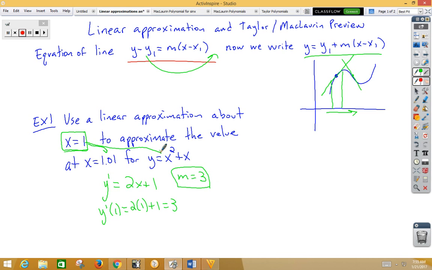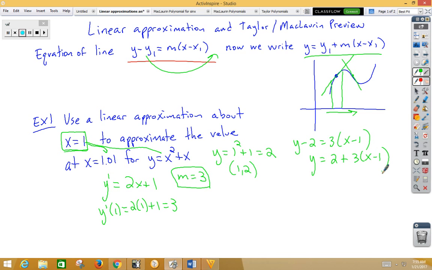If we plug in our 1, we get y is 1 squared plus 1, or y is 2. So we've got the point (1, 2). In Calc AB we originally would write y minus 2 is equal to 3 times x minus 1. But we're going to move that 2 to the other side now, so we write y is 2 plus 3 times x minus 1. Now, that's the equation of our tangent line.